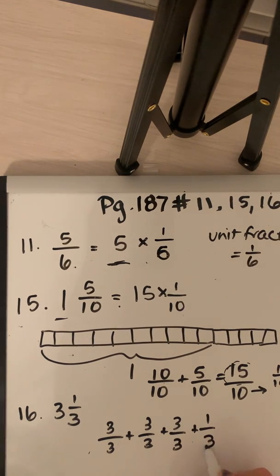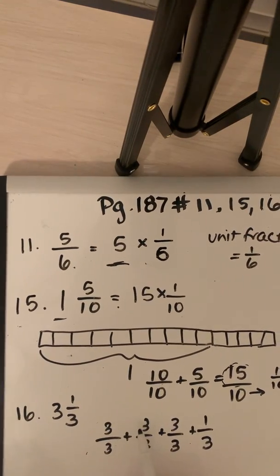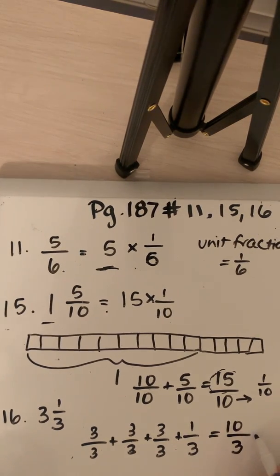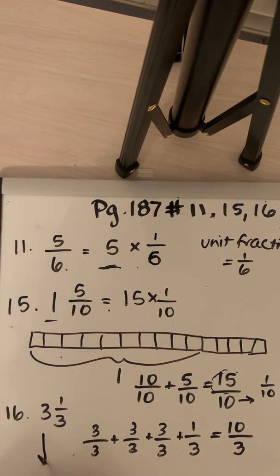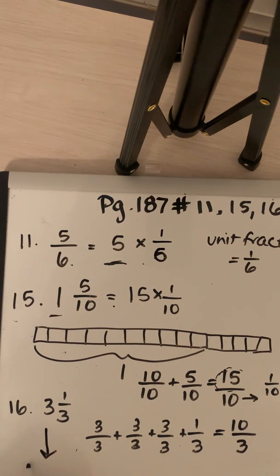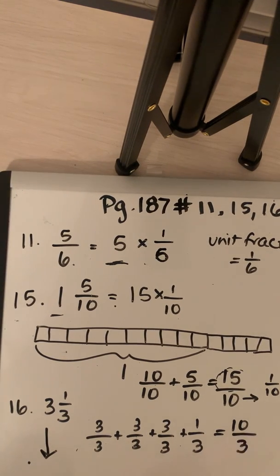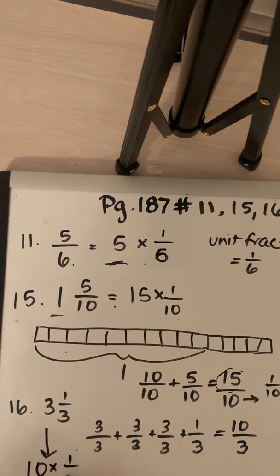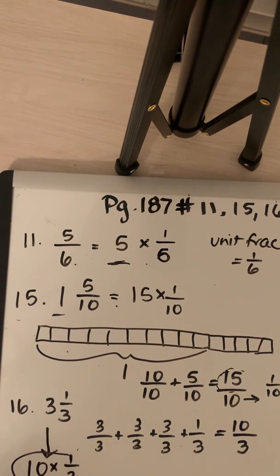Okay? So when I add them up, I say 3 plus 3 is 6, plus 3 is 9, plus 1 equals 10/3. So when I write that as a product of my whole number and my unit fraction, I say I have 10/3. So I say 10 times 1/3. So that's the answer for that one.